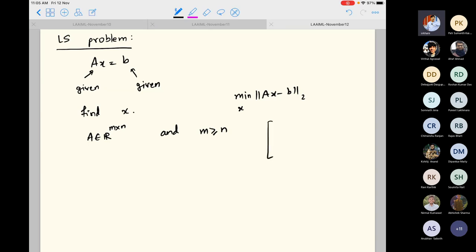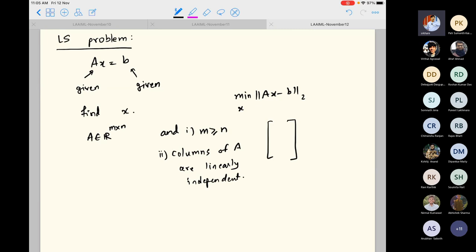So typically the matrix A looks like this. And what was the other condition? The columns of A are linearly independent. So these are the two conditions that we had looked at.